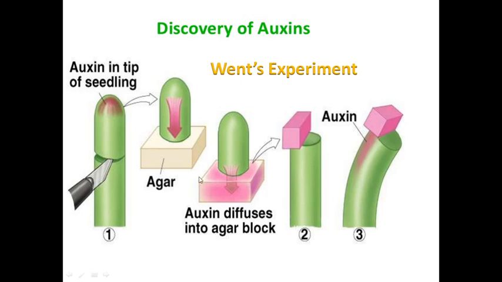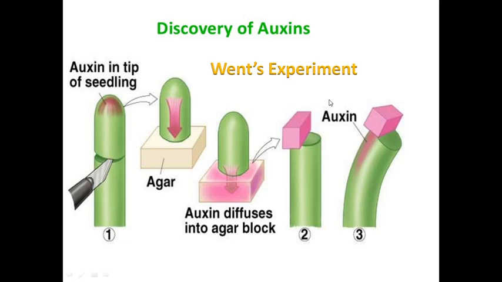He concluded that the substance present in the tip of the plant diffused into the agar block, and this agar block, when placed on the decapitated plant, showed bending. The stem showed bending. So Went was the first to isolate the auxin. He discovered and isolated the auxin.